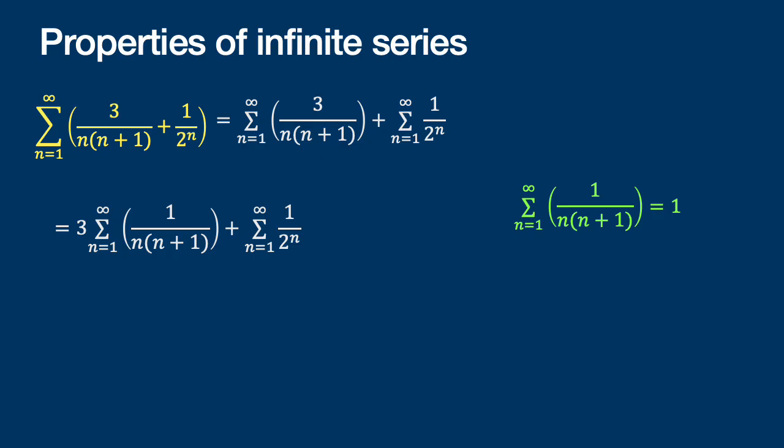This one is a geometric series, one half, and equals 1. Now, what is the sum of this series going to be? 3 times 1, because the sum of this infinite series is 1. That's a telescoping sum. The second part is a geometric series. That's also 1. So the sum of this infinite series is going to be 4.